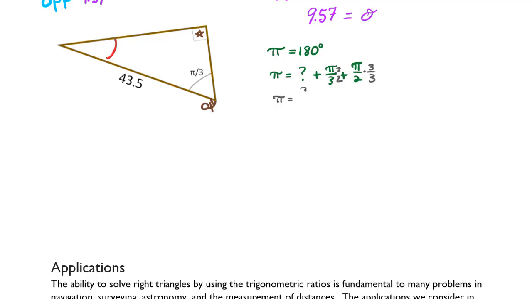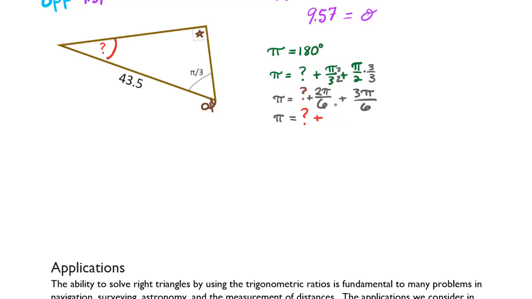I need to figure out what that unknown angle is to get me a total of pi radians. That will give me 2 pi over 6 plus 3 pi over 6. So I have 5 pi over 6 total. That unknown angle has to give me a sum of pi.